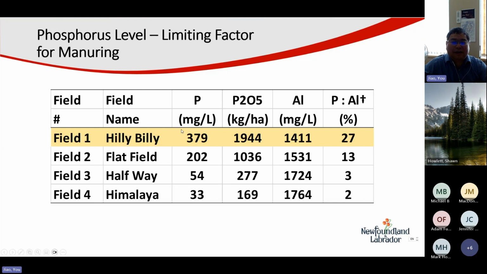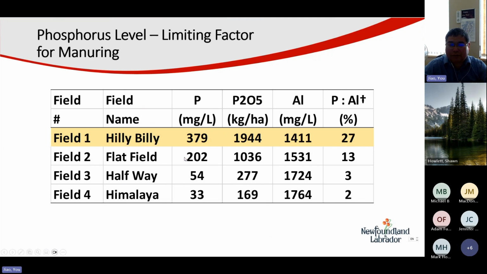Year after year the level builds up, and I have realized, particularly from big animal farms, that when their soil test reports come out, the phosphorus level is quite high.